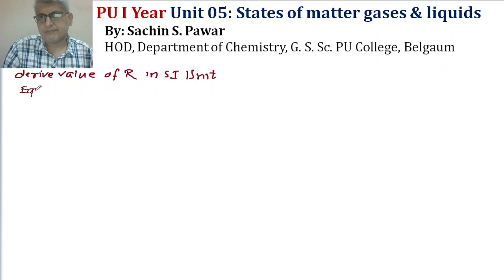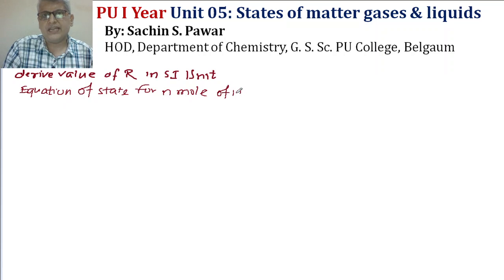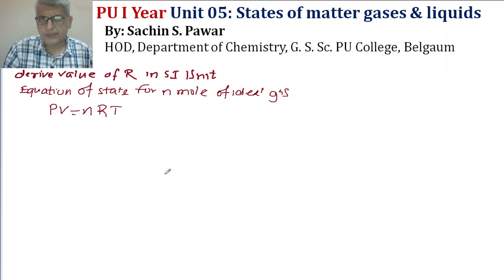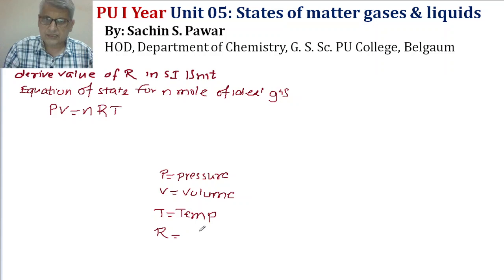So equation of state for n moles of ideal gas, I know it as PV is equal to nRT, where P is pressure, V is volume, T is temperature, and R is constant that I have to find out. n is number of moles of gas.